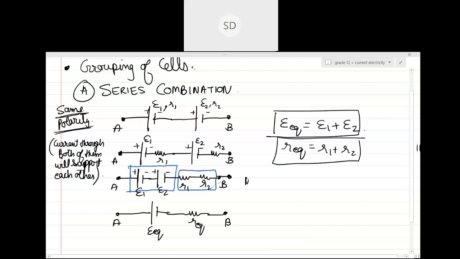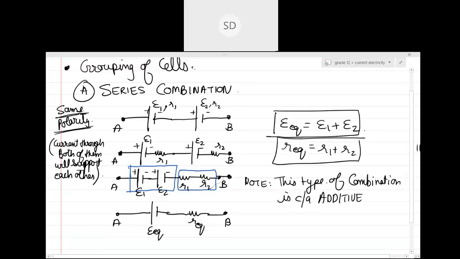Okay, note it down and write it. This type of connection, this type of combination is called additive combination. When they are connected in the same polarity, this type of combination is called additive combination. Why is it additive combination? Because the current through both of them was in the same direction, so they support each other. Hence the effects are adding.